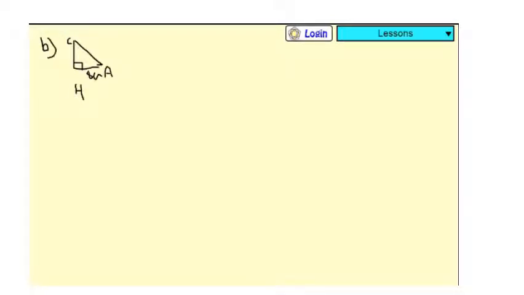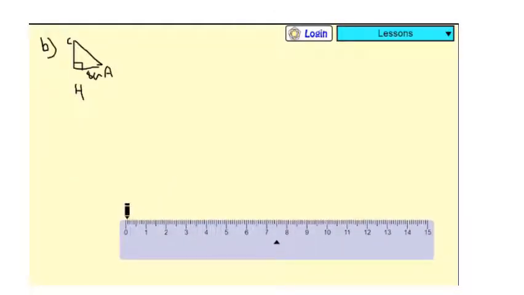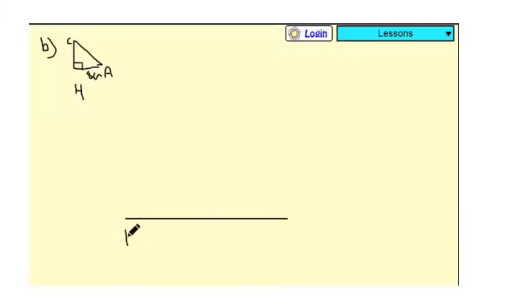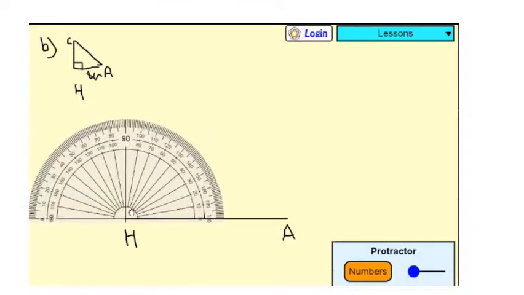This is the case of side, angle, side, angle. So I draw the first side, which is 8 centimeters, HA. Then we draw the angles. At H we have 90 degrees. We put it at H.